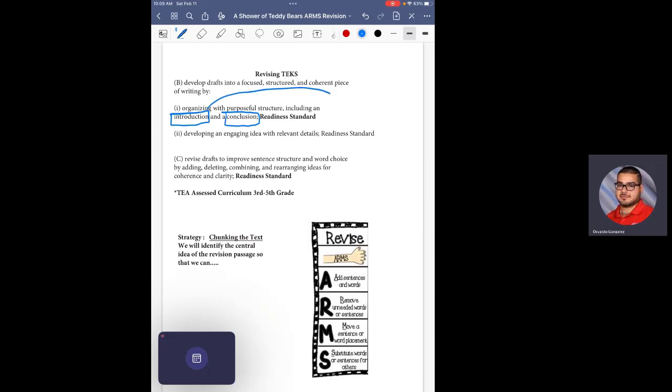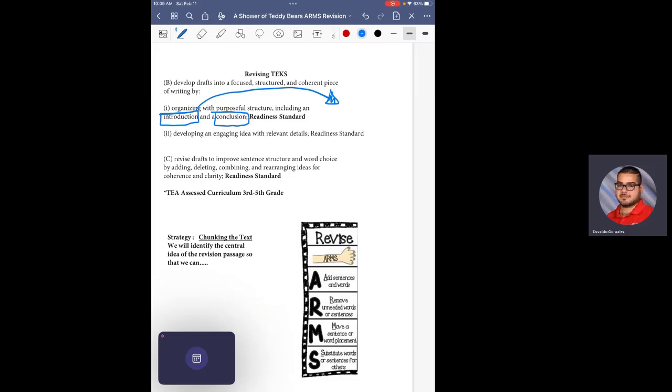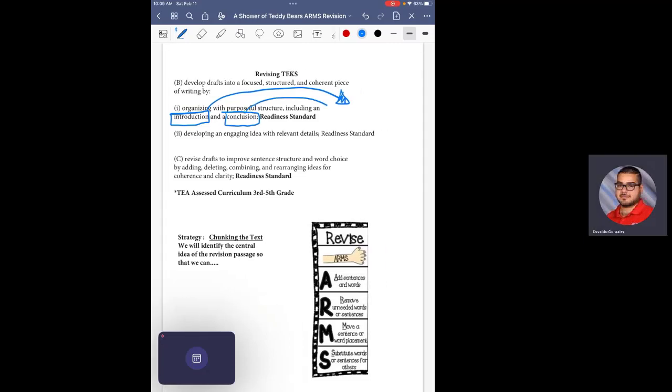Well, they want the introduction and the conclusion to be related to the central idea. They want to know if the introduction and conclusion are related to the central idea.